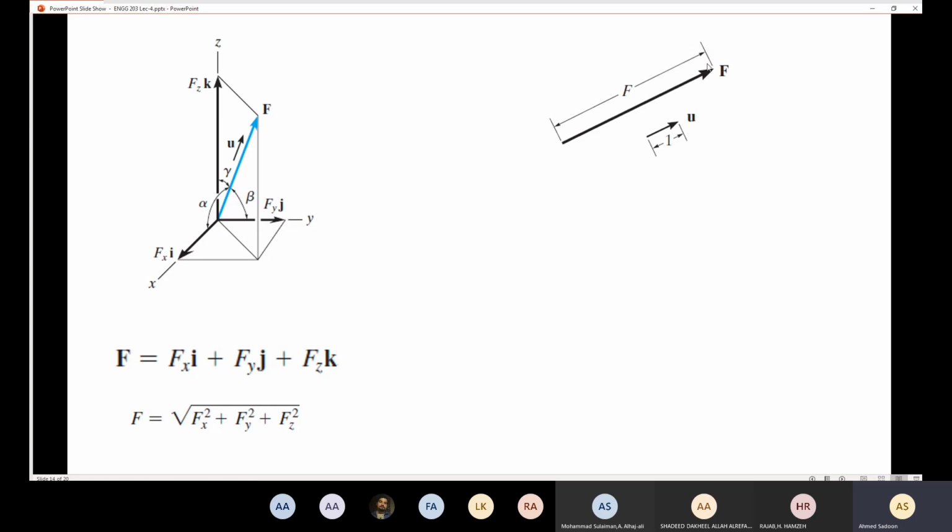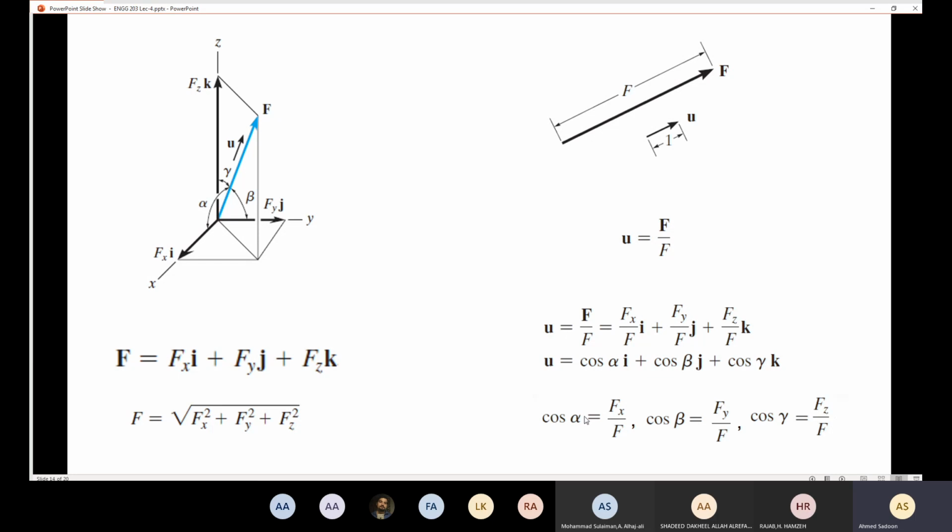And if this one is the vector and this one is the magnitude, I can calculate the unit vector. The magnitude of the unit vector is 1. So the unit vector equals the vector over its magnitude. I can divide the vector over its magnitude to have Fx over F, Fy over F, and Fz over F. And we know that Fx over F is cosine alpha, Fy over F is cosine beta, and Fz over F is cosine gamma.